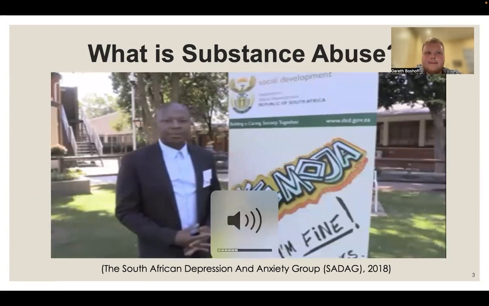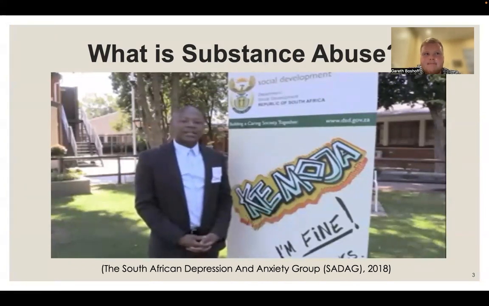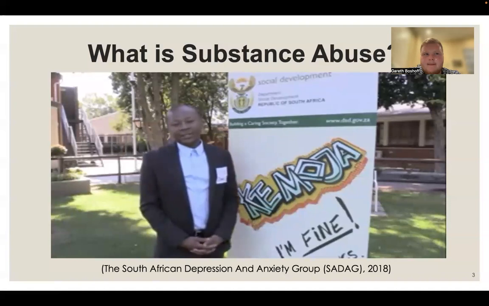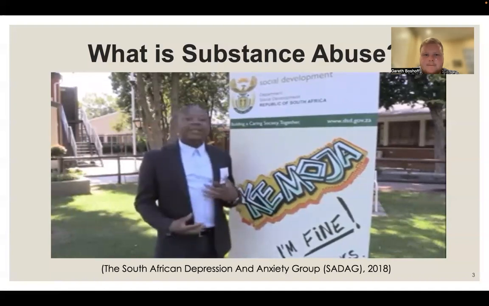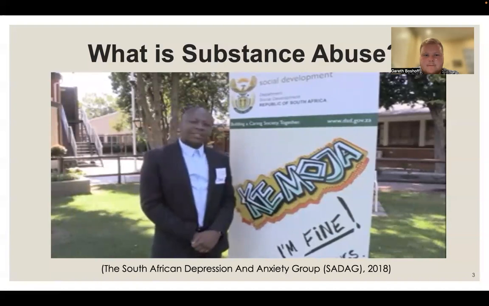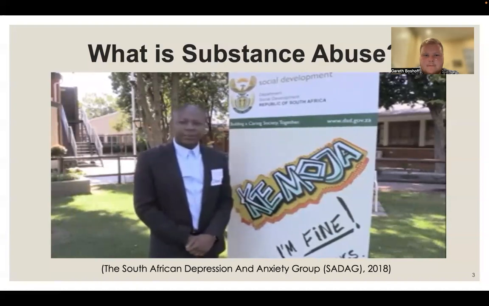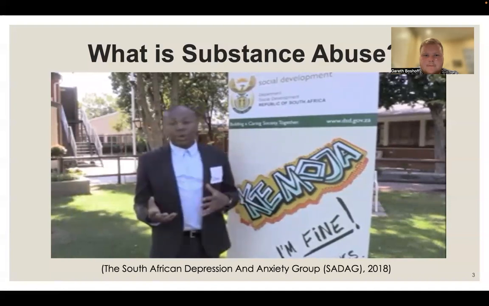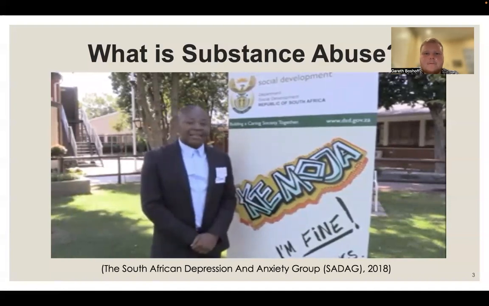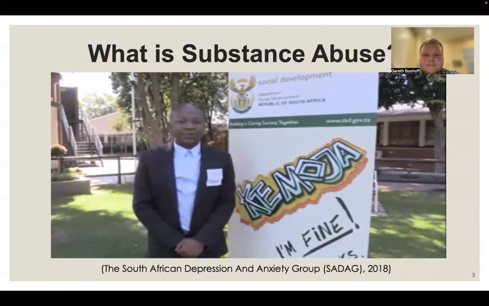So what is substance abuse? Substance abuse is categorized in the Diagnostic and Statistical Manual as an individual using a substance to the extent that it becomes abusive to themselves and an abuse of the substance. Oftentimes, this looks like an individual who then begins to have a dysfunctional life, either not going to work or not planning things properly because of the abuse of the substance.